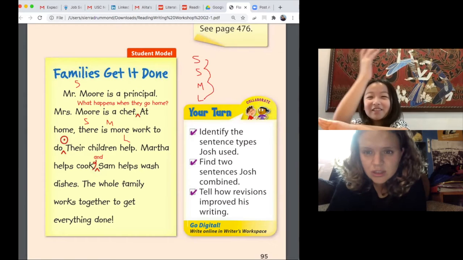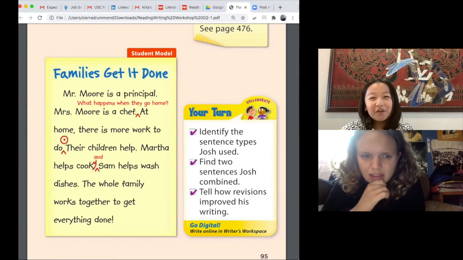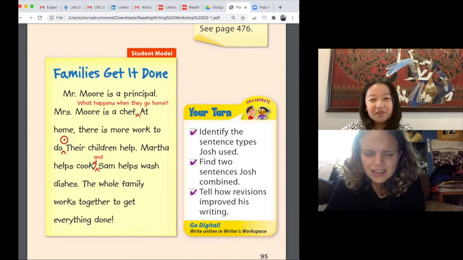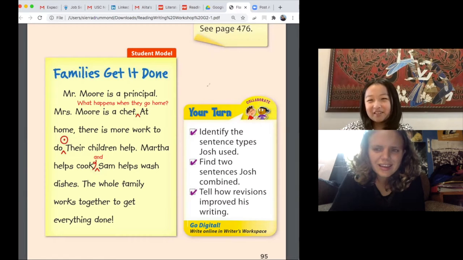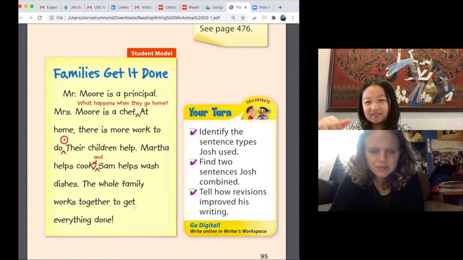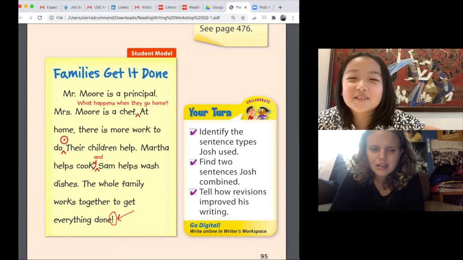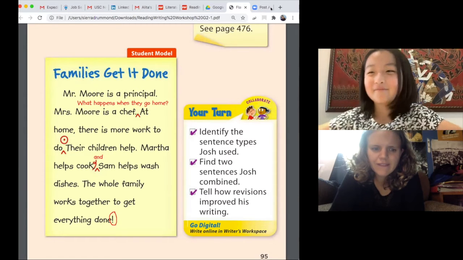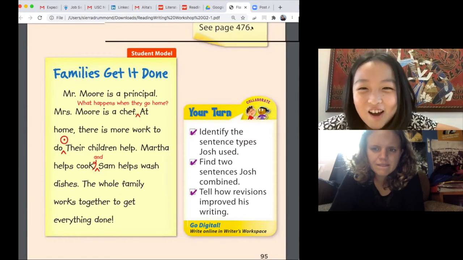There's another paragraph. The whole family worked together to get everything done. Good. Dishes has a dot. It should what? Dishes has a dot, so there's another paragraph. No, see the word dishes? Do you see a dot here?